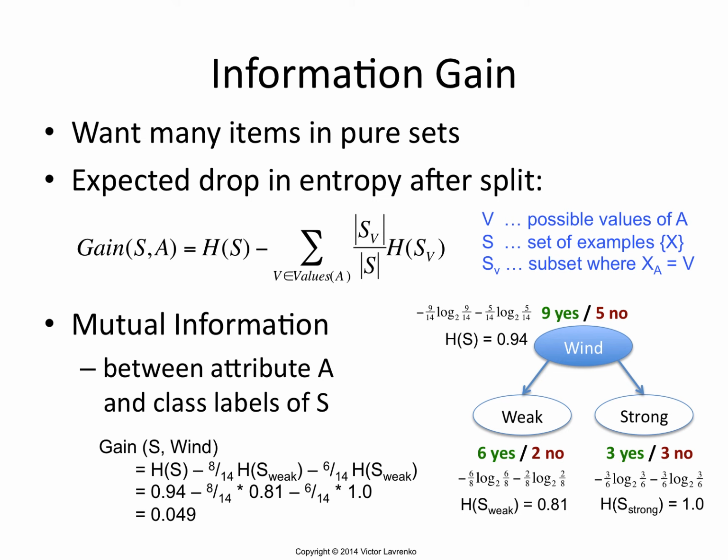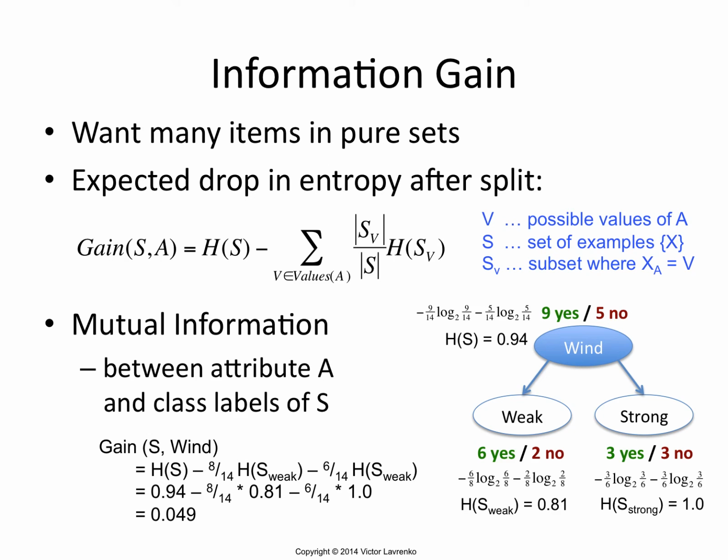So 0.81 has a higher weight because it has 8 examples falling into that subset, and strong has only 6 examples, so it has a slightly smaller weight in the average. Then you subtract the two and you get 0.049. So that is the information gain of the wind attribute at the root node.